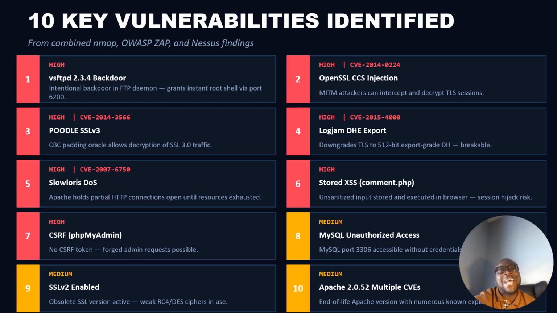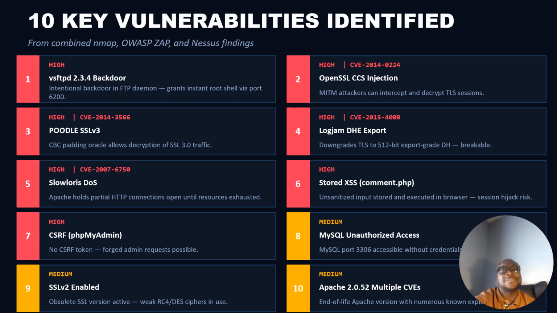Slowloris at number 5 is a low-bandwidth denial of service attack that is easy to execute. Number 6 and 7 are web application vulnerabilities found by ZAP: cross-site scripting and CSRF.